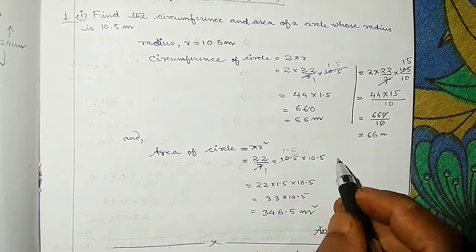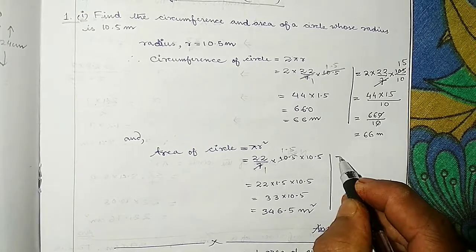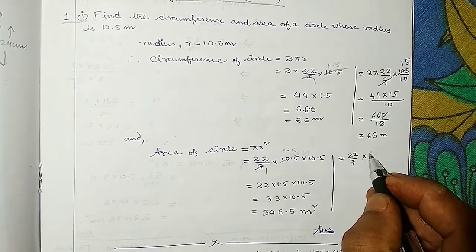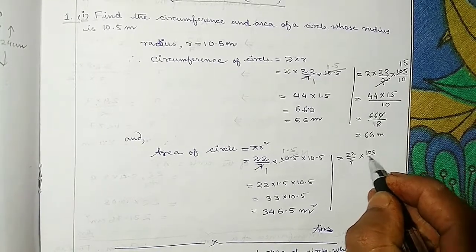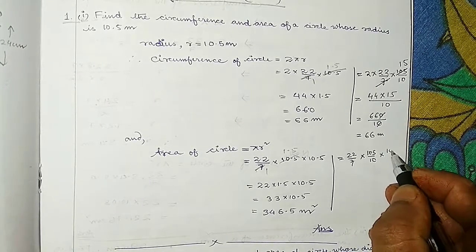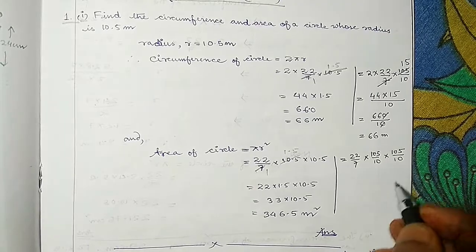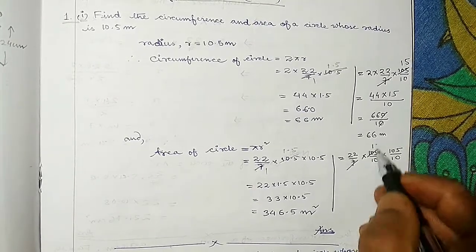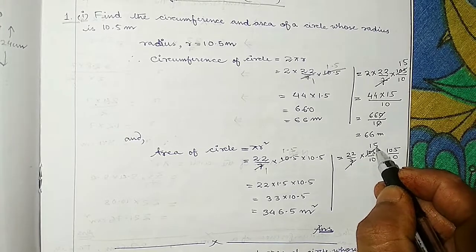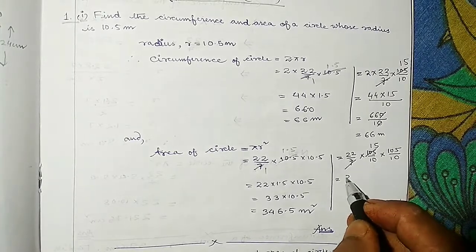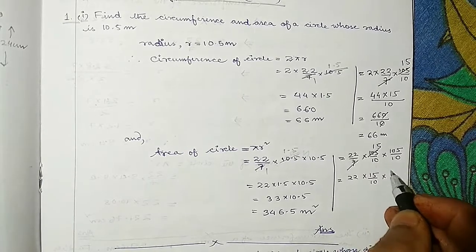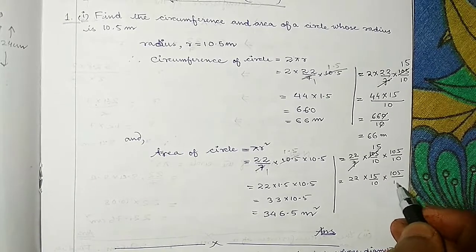If you have doubt with decimals, then this part also you can write like this, 22/7. Instead of 10.5, you can write 105/10 into 105/10. Okay, now 7 and 105, if you cancel, you are going to get 7 1 ja 7, 35, 5 7 ja 35. So it will be 22 into 15/10 into 105 divided by 10.